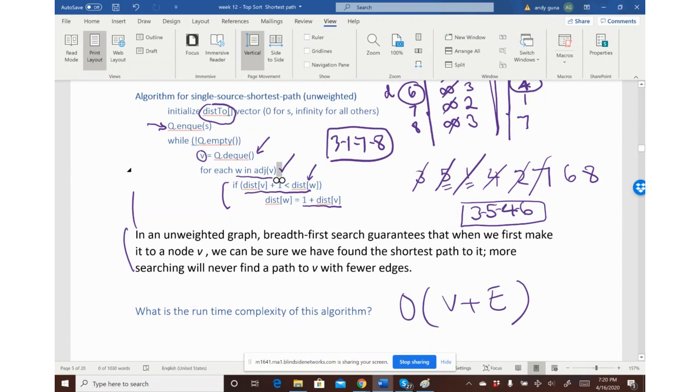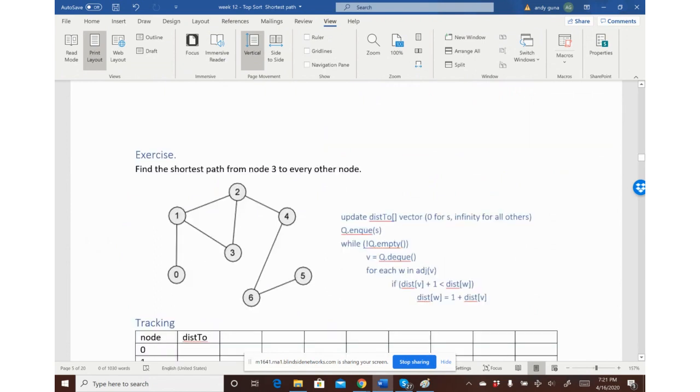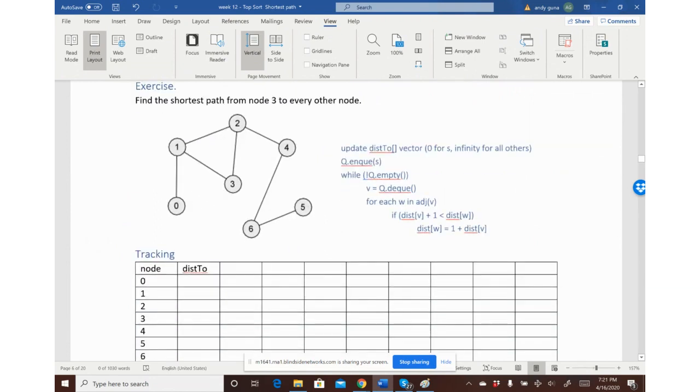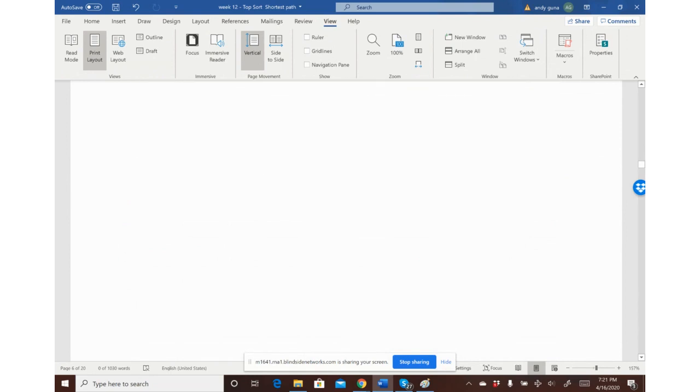We just computed some distances and did some comparisons, which is big O of one. So if you remove that computation part, you have breadth first search. I'm going to skip the next one and leave that for you to do.